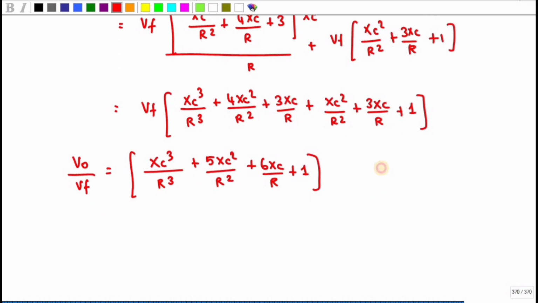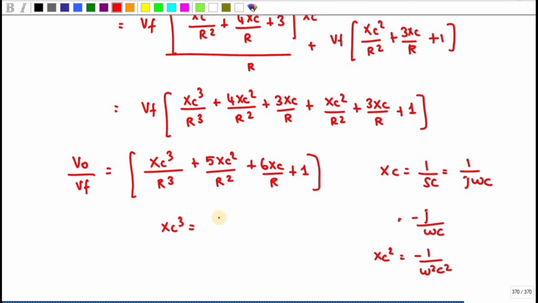Okay. So we know that Xc is equal to 1 divided by Sc, right? So this I can write as 1 divided by j omega c. So what is Xc square? Xc square is nothing but if I square this term, I will get minus 1 divided by omega square c square, right?